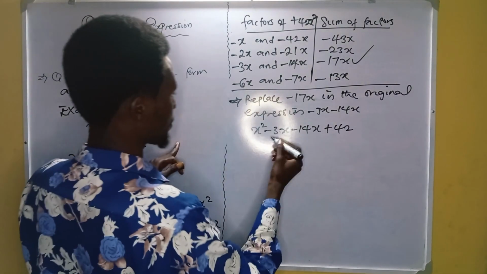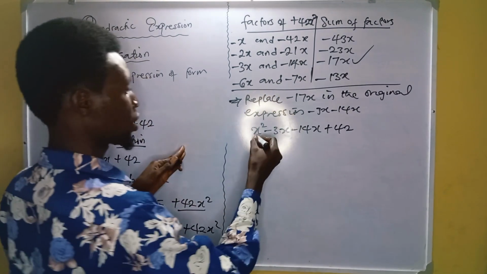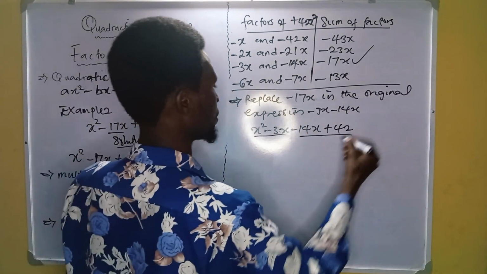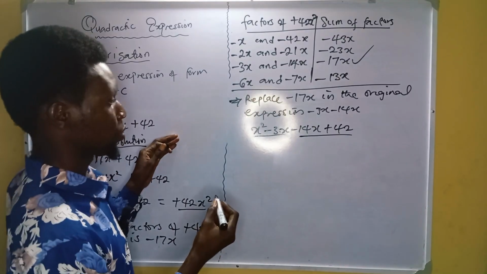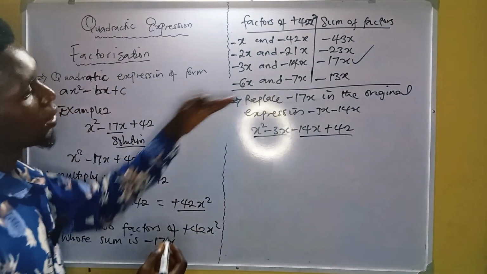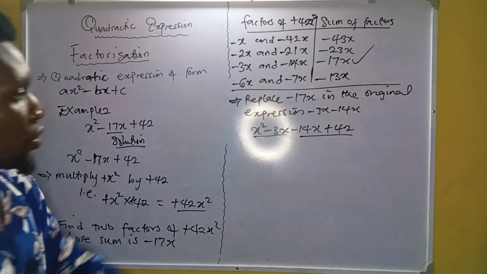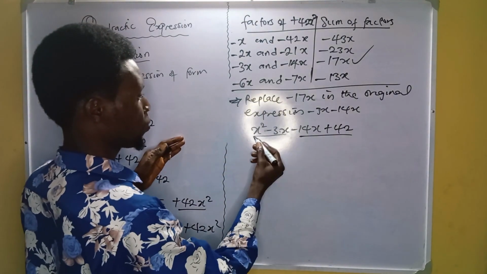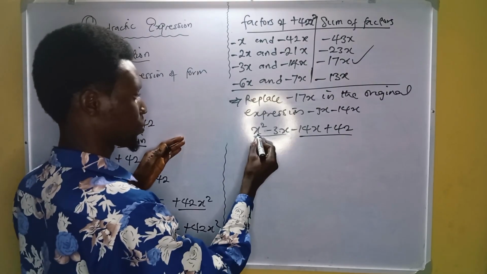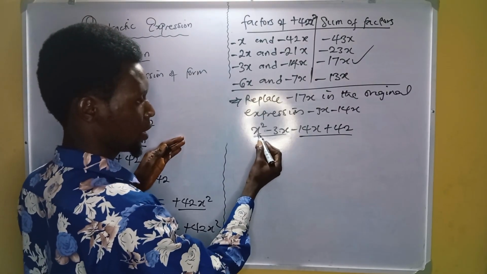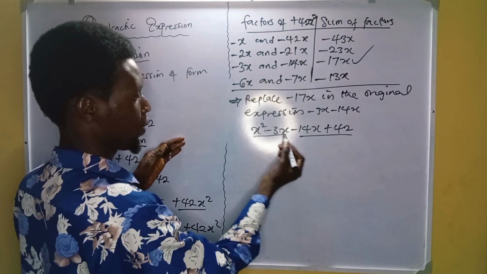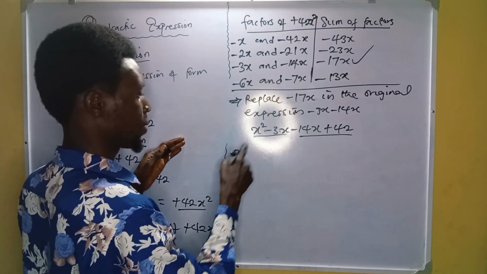After that, we are now going to factorize in groups. We are still going to use that method of factorization. What is common here? You notice that it is x. Only x can go in here and also divide here.